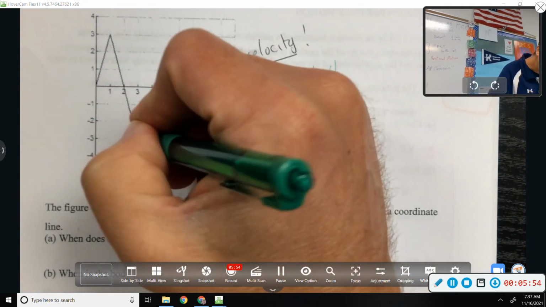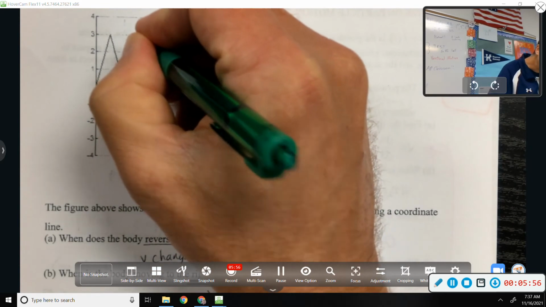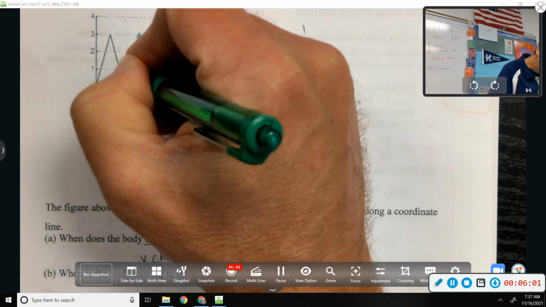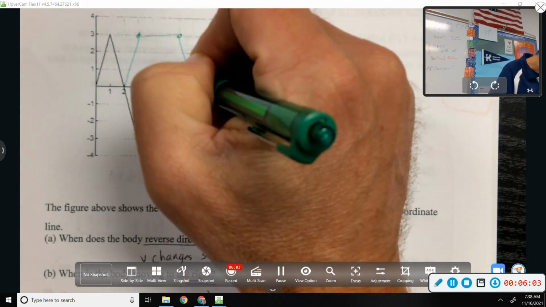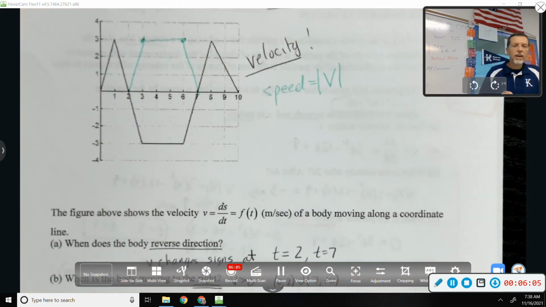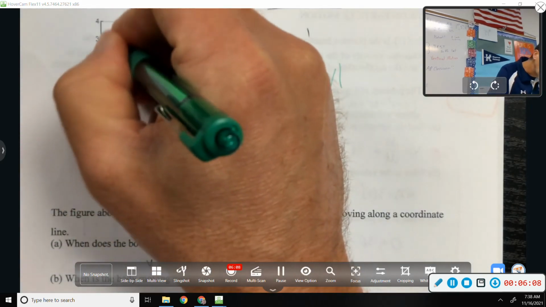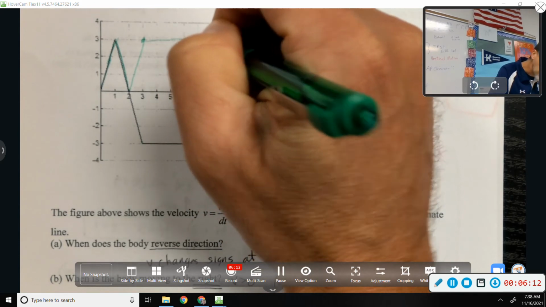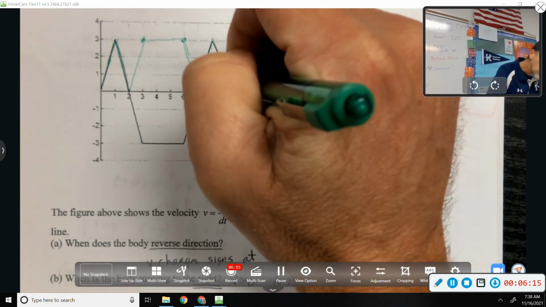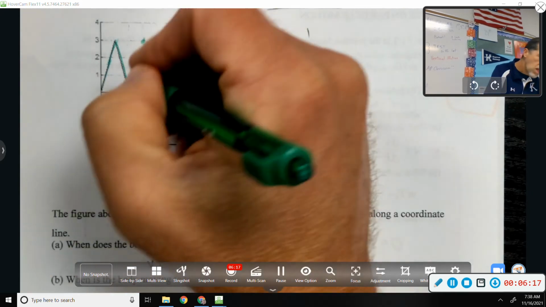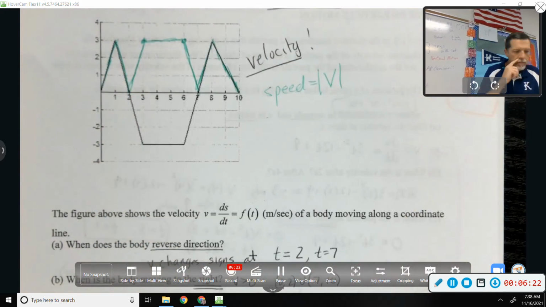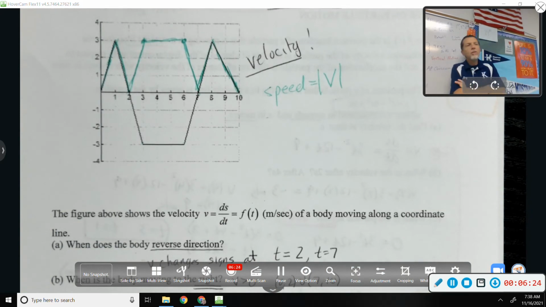So we could pick a few points and reflect them over, like that point at 6. And so there's velocity. I should do the rest of it as well. When v is positive, then v and speed are the same thing. So be careful. Speed's easy to do as long as you understand what you're talking about.